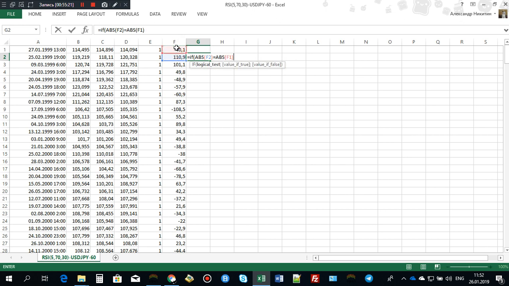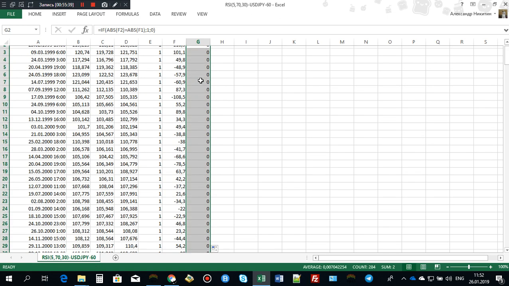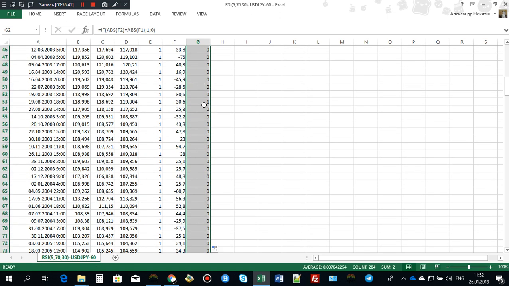So it means if they have identical values but different signs, maybe one of them is loss, one of them is a win, then type 1. If it is not equal, then type 0. Okay, this is the formula. We double click to stretch and then we find 1.